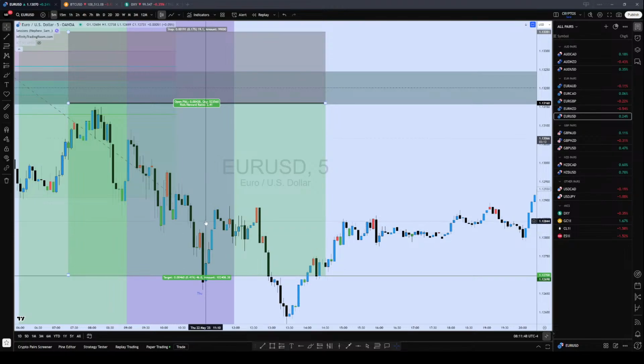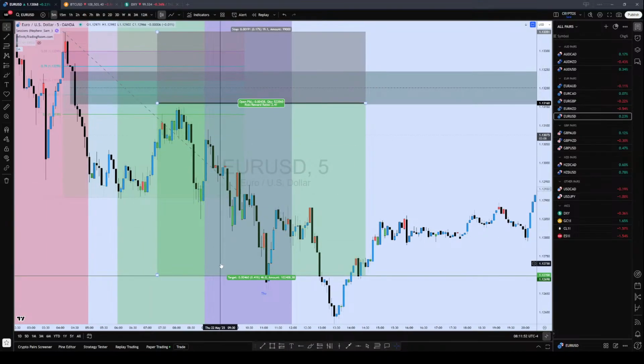So when we have a directional bias during that time of the day, any gap, any order block, on the 5 minutes or on the 15 minutes, it's likely going to work, because of that time of the day.